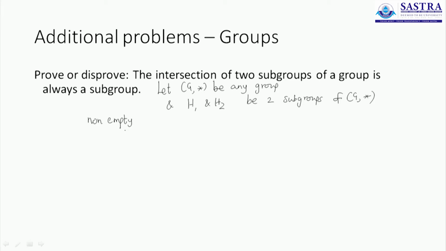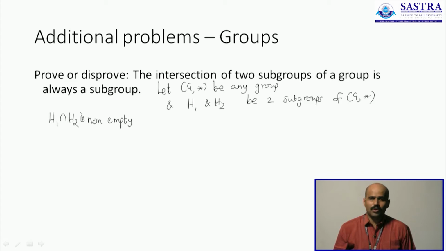Now we'll have to first show that H1 intersection H2 is actually non-empty. How do you show that something is non-empty? You will have to establish the fact that it has at least one element. If there is one element, that's enough. So even if there is one element, we can show that this set of all common elements is actually non-empty.